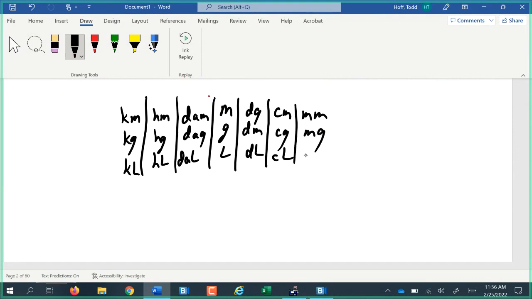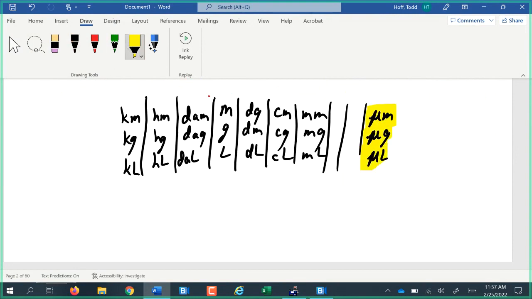Millimeter, milligram, milliliter. And going smaller yet, we skip 2 spots. We don't do anything for the 10 thousandths and the 100 thousandths. We jump to the millionths, which is micro. Remember, for micro, we use that mu. And I warned you, in science, chemistry, physics, whatever, we use that symbol mu.